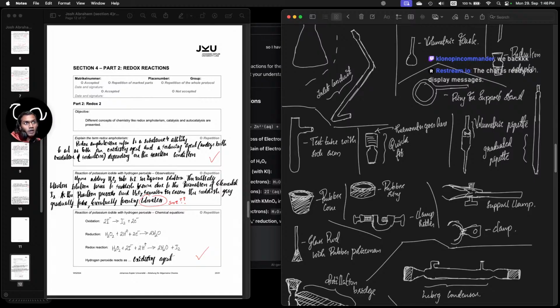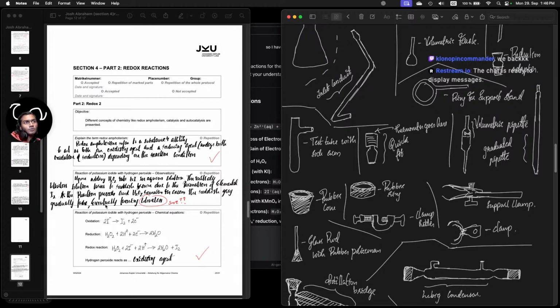Reaction of potassium iodide with hydrogen peroxide. Upon adding hydrogen peroxide into potassium iodide in aqueous solution, the initially colorless solution turns reddish brown due to the formation of elemental iodine.